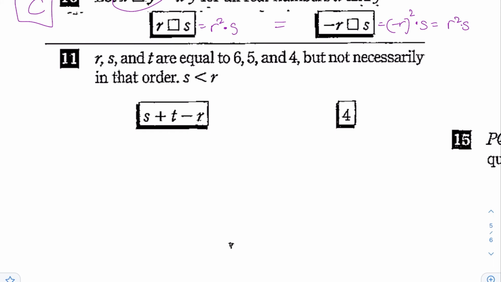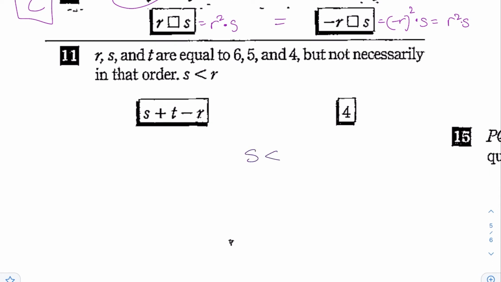Next, for number 11, R, S, and T are equal to 6, 5, and 4, but not necessarily in that order. And you know that S is less than R. So in this case, R could be 6, S could be 5, or R could be 6, S could be 4, or R could be 5, and S could be 4.